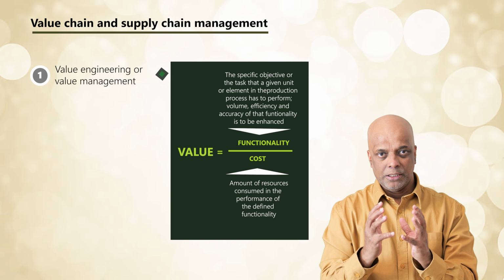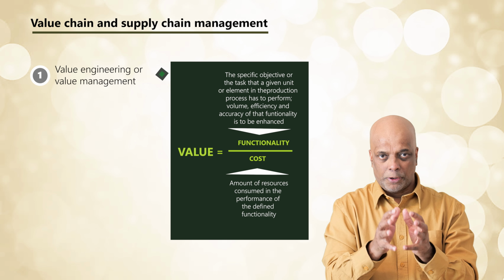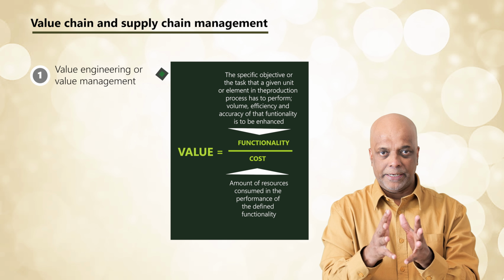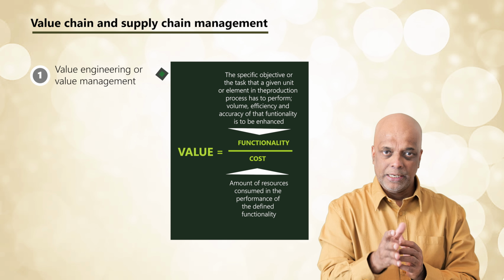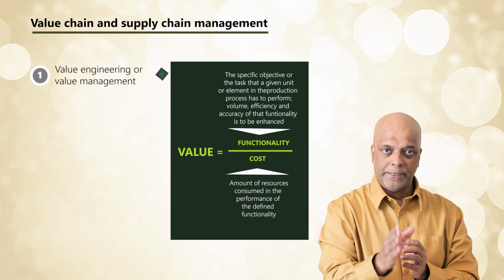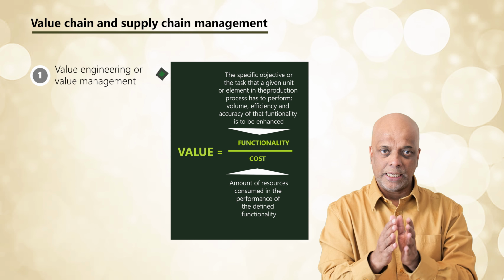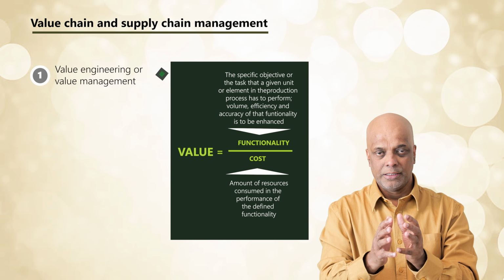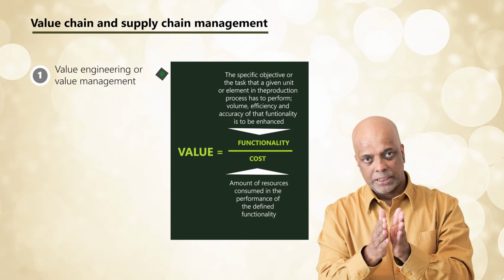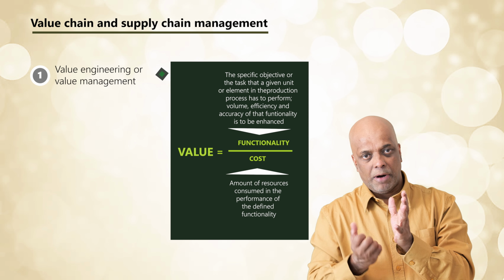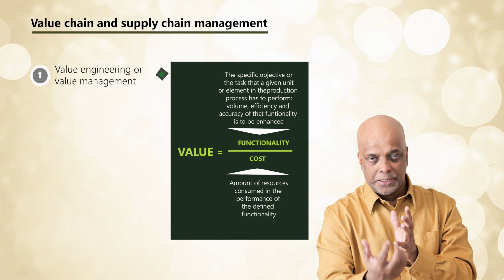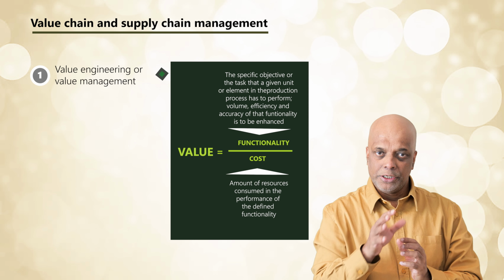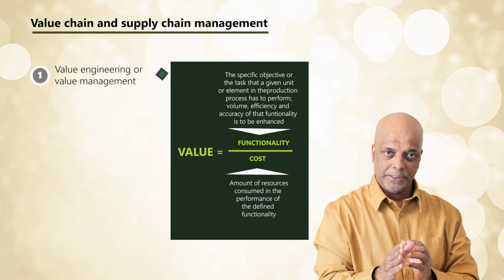So considering or thinking about the production centers, units, entities in terms of the specific functionalities that particular unit, entity or point or activities has to carry out. And then thinking about that functionality in terms of the amount of material, labor and overhead expenses that we have to spend to carry out that functionality.